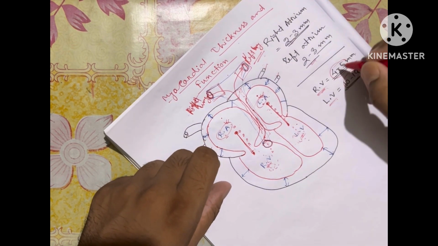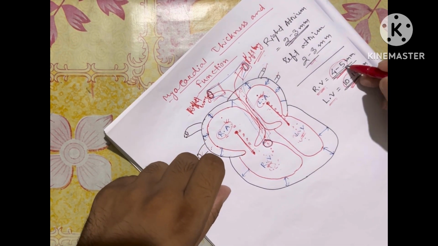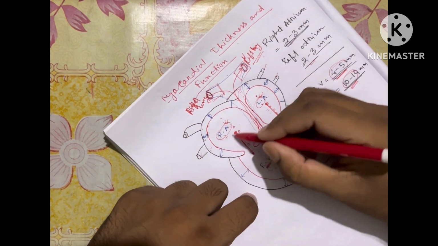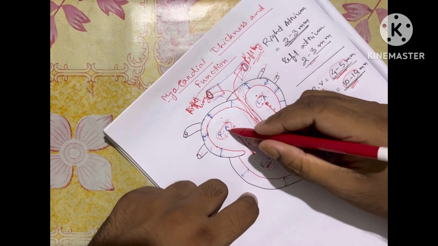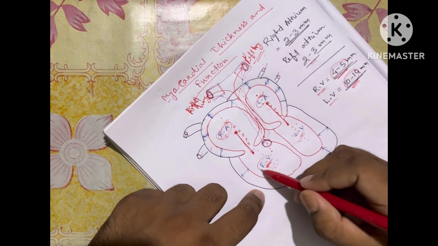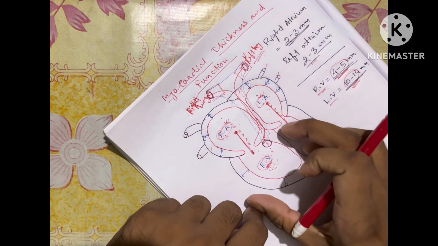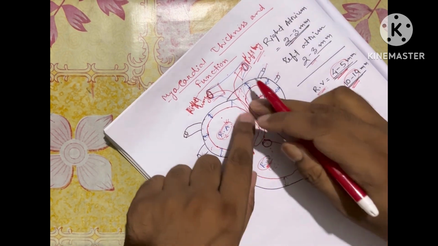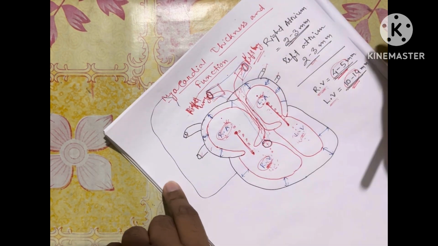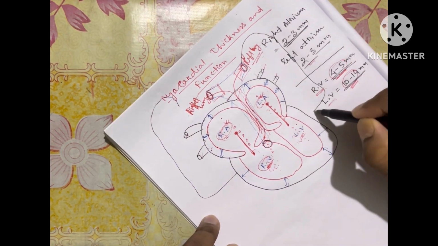So our main question is why the wall thickness is different. When the right atrium receives all the content, and the right ventricle receives all the content from the right atrium, the main function of the right ventricle, when it contracts, is to push all the content to the lungs, which are present nearby our heart. This is our lung.